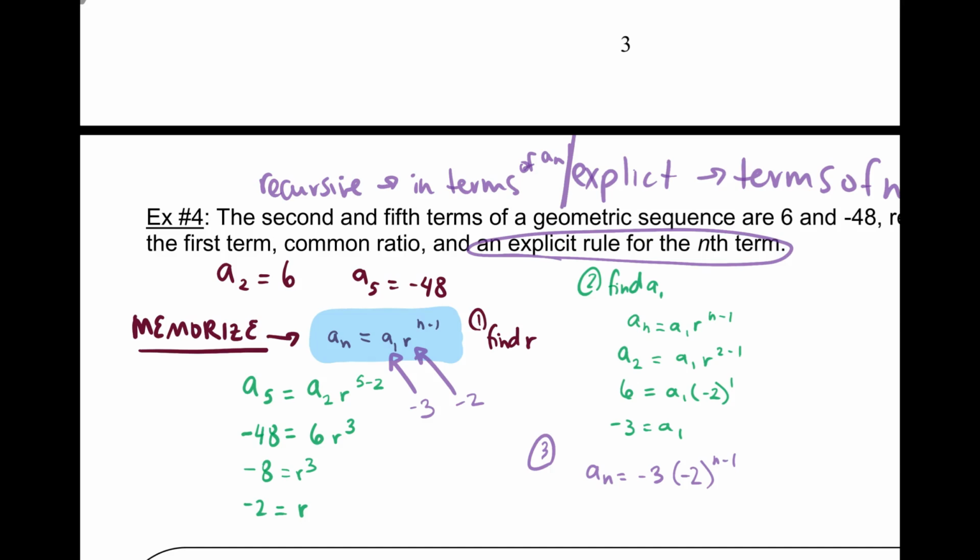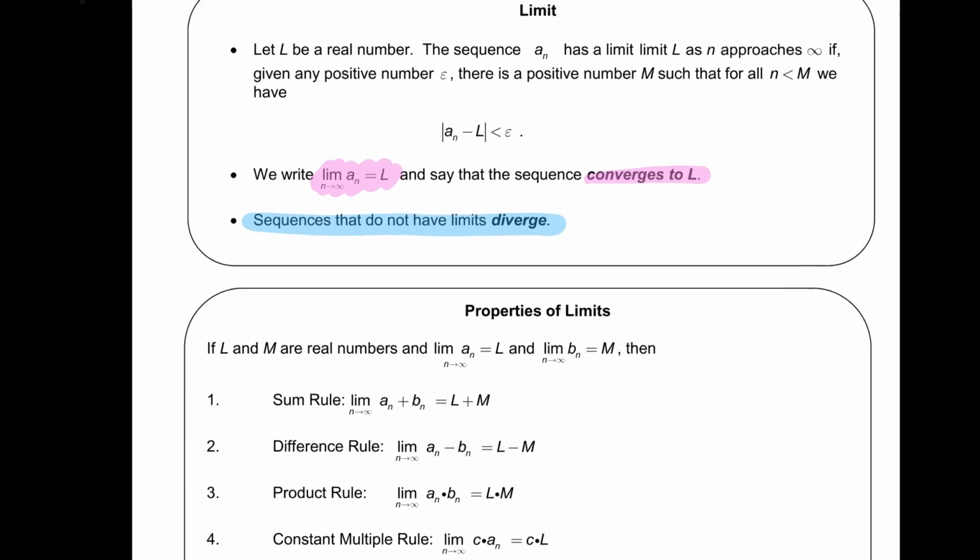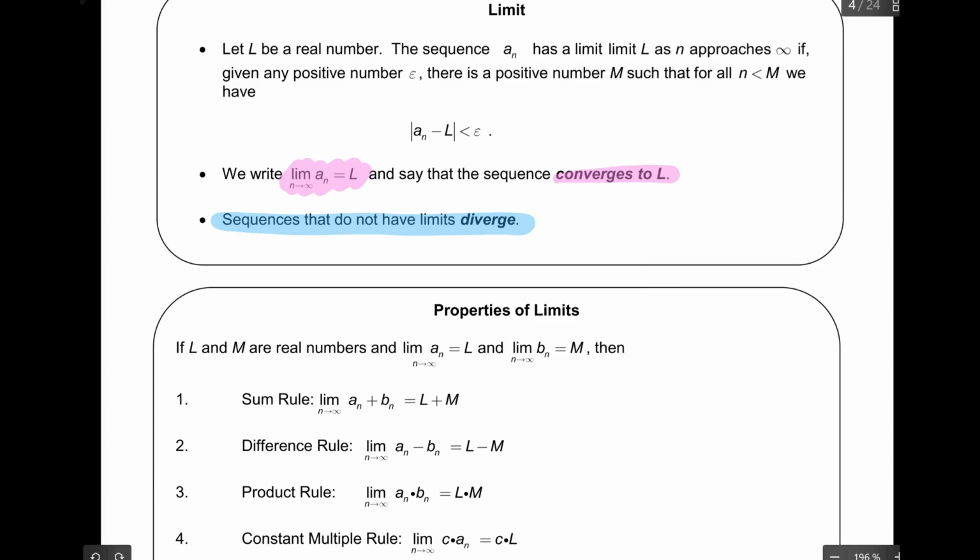If I said we're approaching infinity, it would go up forever, except we're not. It's going positive, negative, positive, negative. So it doesn't have a limit. It's not approaching anything. It diverges. So this is the difference between something like this, and something like this, which is a limit that's converging.